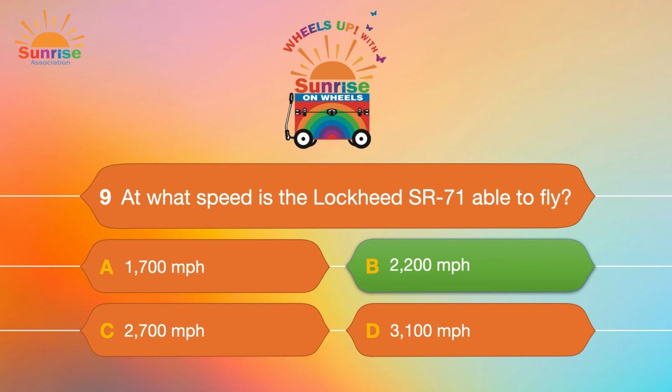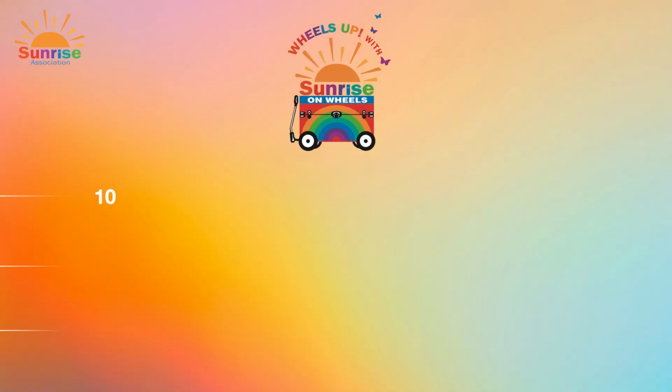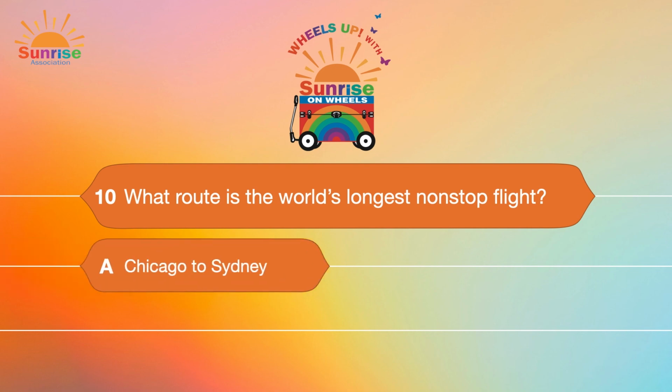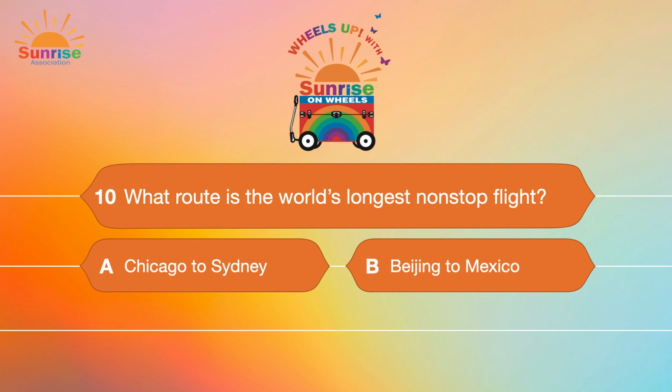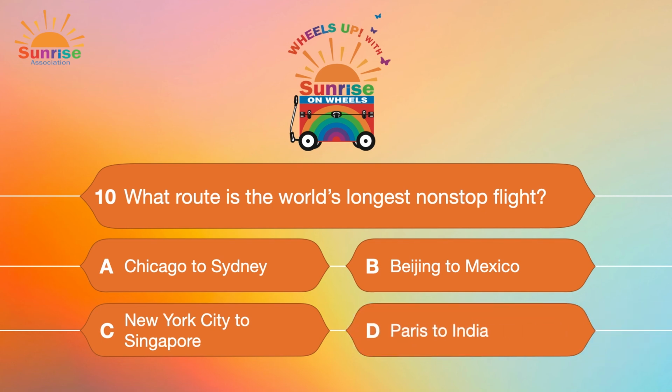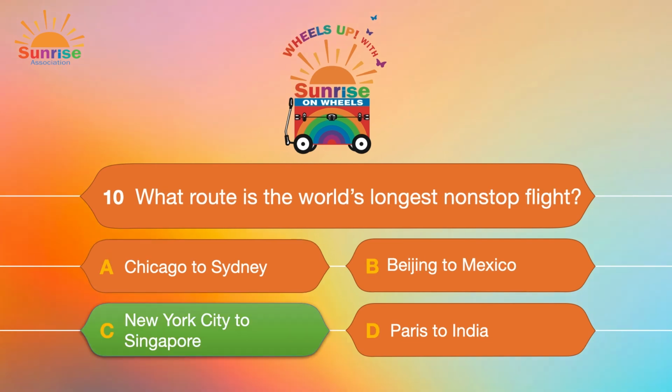That is so fast! And our final question, number 10. What route is the world's longest nonstop flight? A, Chicago to Sydney, B, Beijing to Mexico, C, New York City to Singapore, or D, Paris to India? New York City to Singapore.